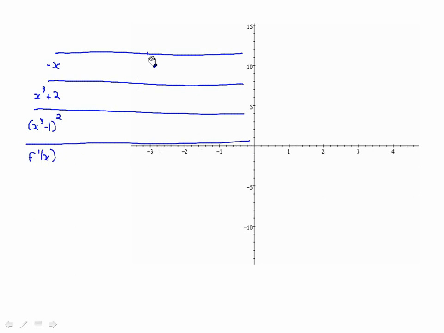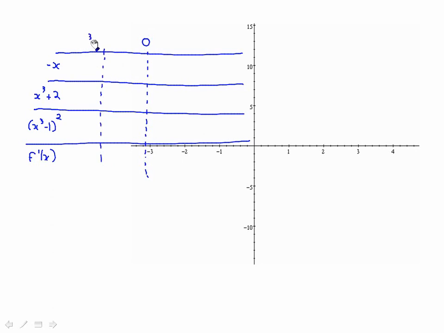And all this together is our derivative. And then we note the critical numbers on this. So it's the same process as we've always done. The critical number for negative x is 0. We've got that established. We also have for x cubed plus 2, it's the cube root of negative 2.